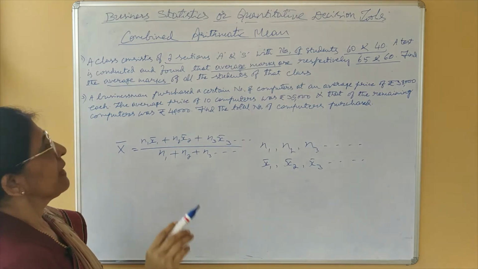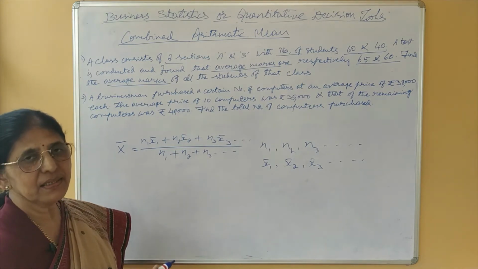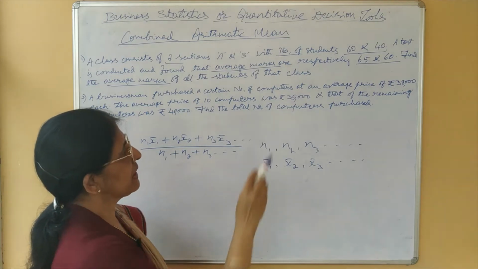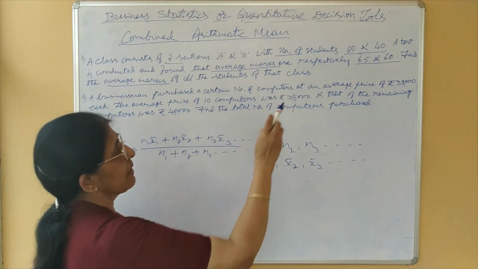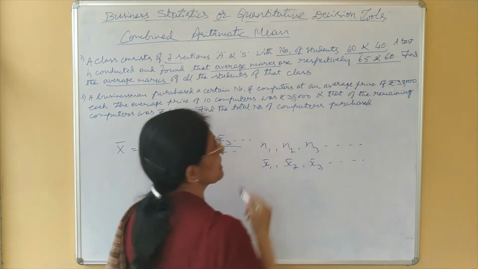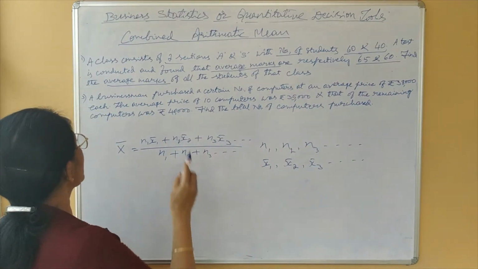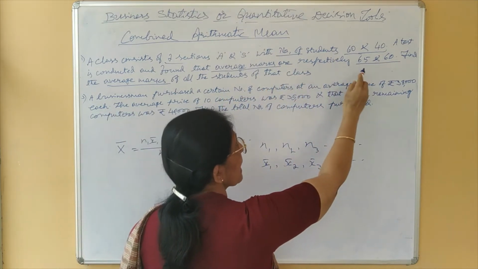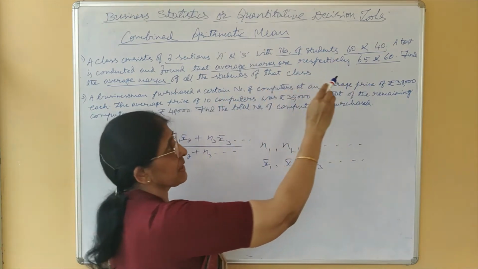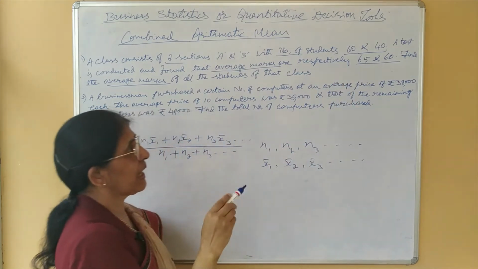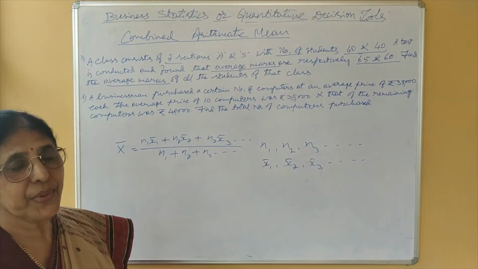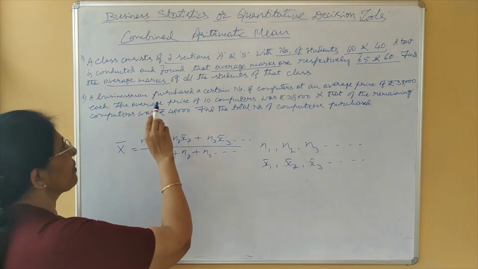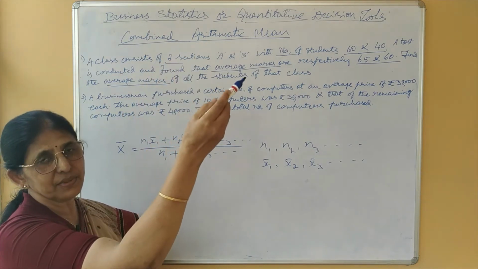Here two separate sections are there. Assume in BCom two sections are there, A and B. The strength of section A is 60 and of section B is 40. In a test, the average marks scored by section A is 65 and the average marks of section B is 60. Then we are asked to find the average marks of all the students of that class.